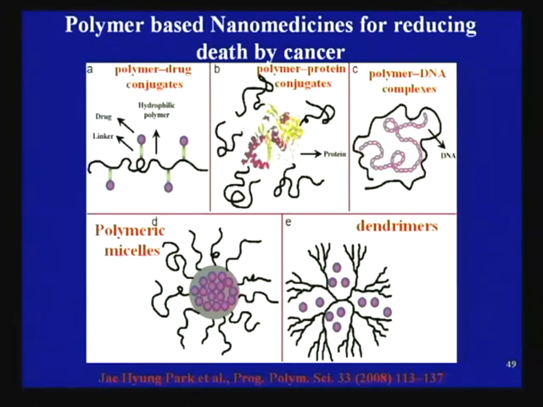Actually, this shows some polymer drug conjugates. So, this is the polymer molecule, which is a hydrophilic polymer. These are the drug molecules. So, drug molecules are conjugated to the polymer, attached or linked to the polymer through some linker.